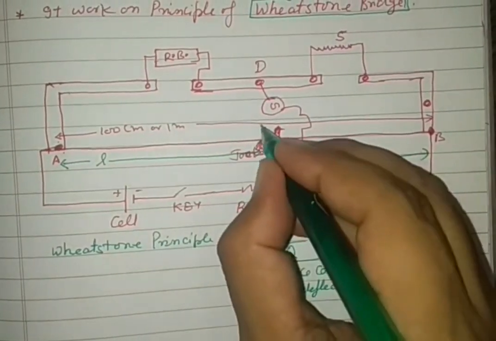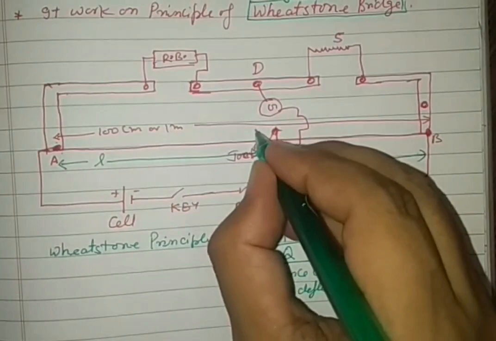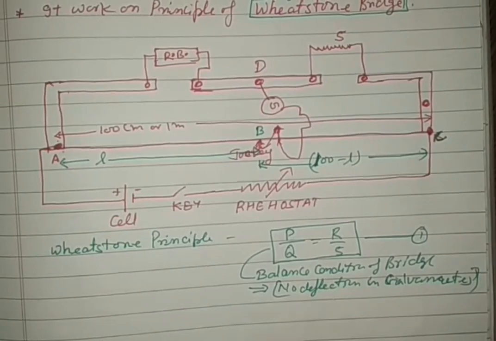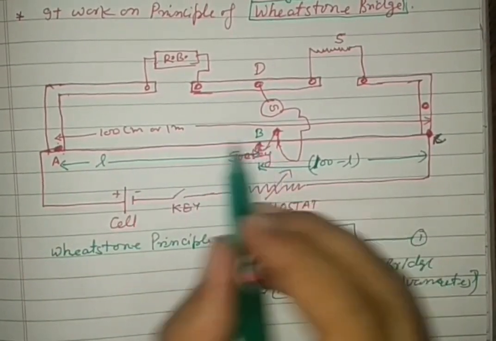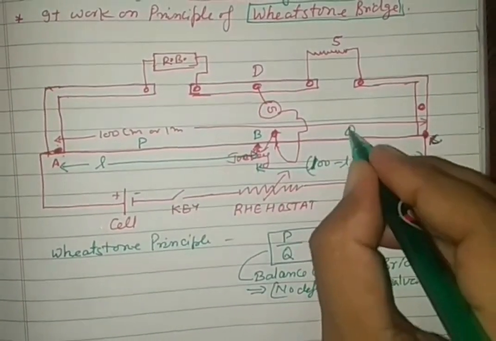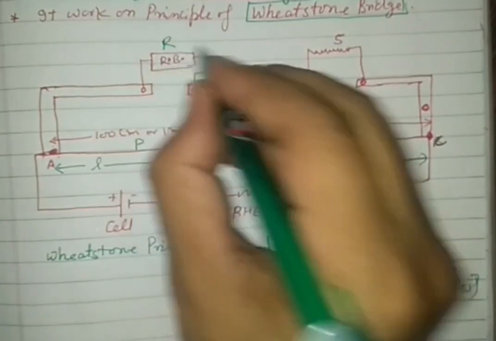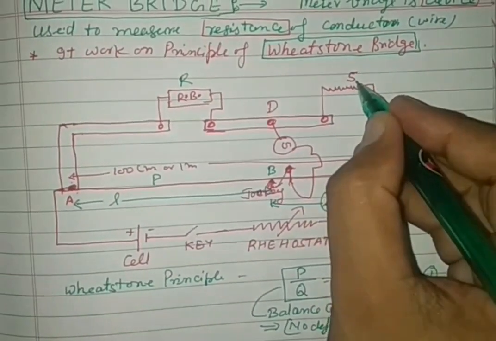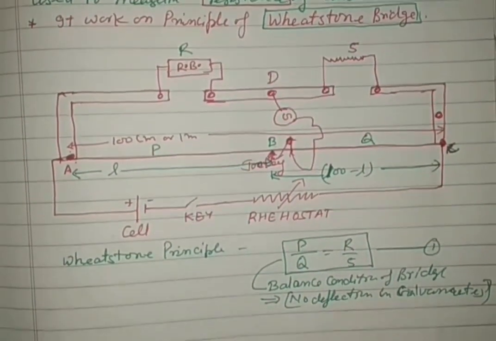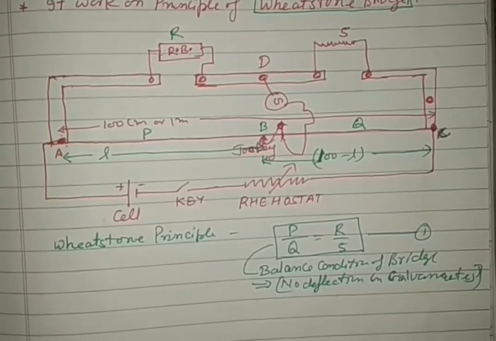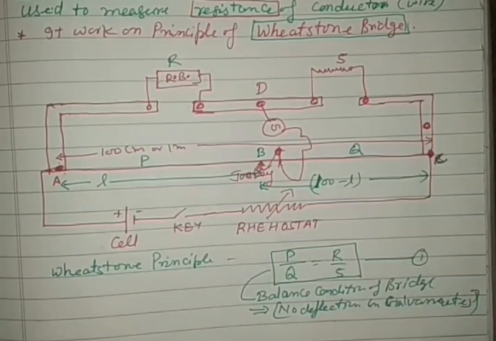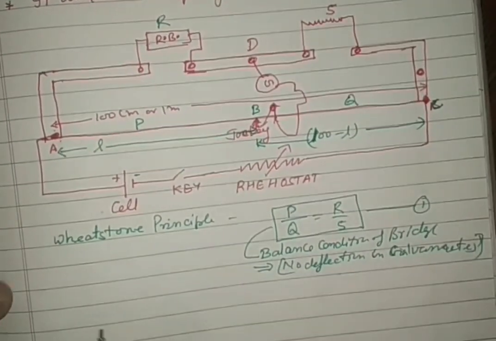This is a point, let this be point B, this point C, and this point D, right? One resistance is here, this is P, the second resistance from the jockey to here is Q, let it be R, and the specimen wire whose resistance is to be determined is connected here, right? Now see very carefully what is required to do. First of all, the circuit arrangement is made and the circuit is checked.